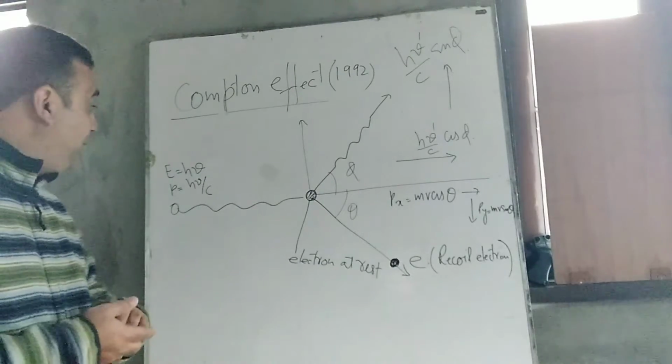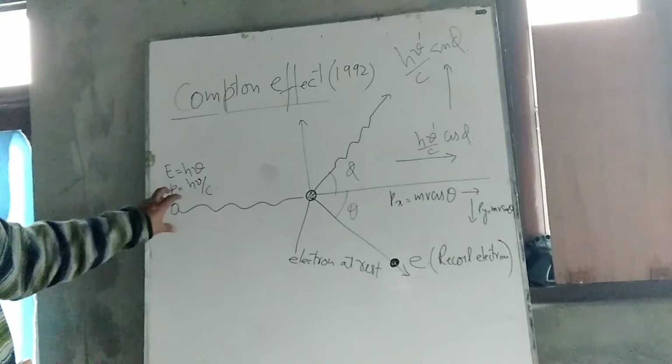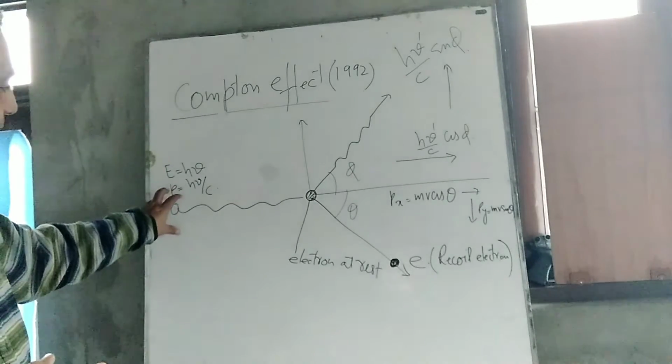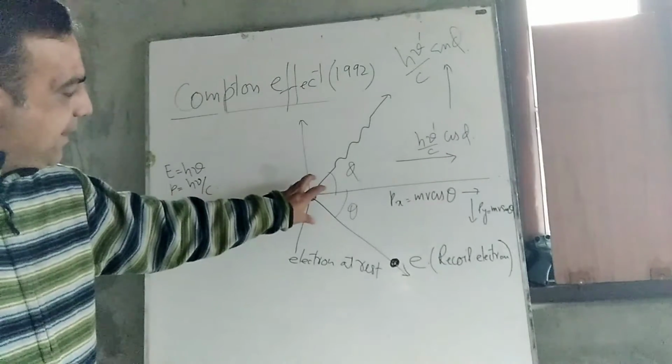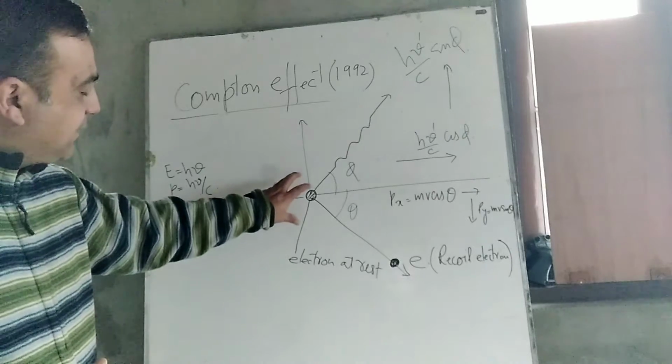If I would like to repeat it, you have an incident photon, treated to be a particle, having some energy, and hitting an electron, and after hitting the electron, the photon has recoil energy.